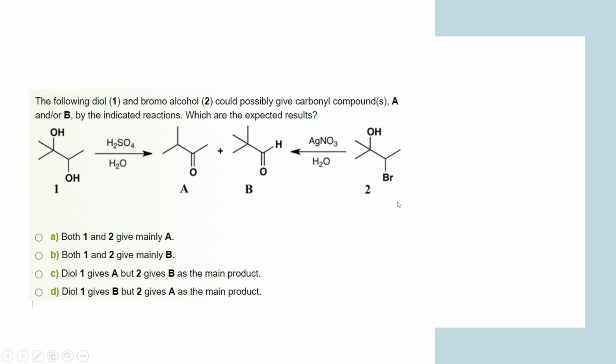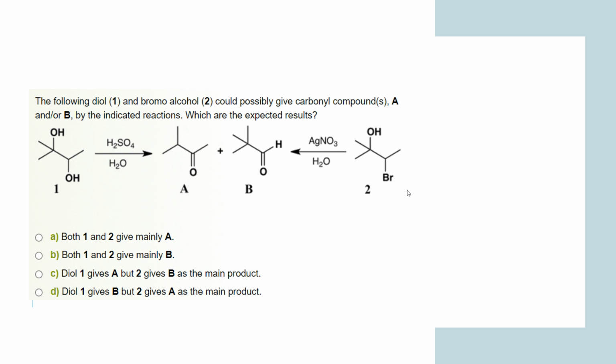Always remember, silver has a very high affinity to react with halogens, and most commonly bromine. Silver has a very high affinity for bromine, and it can easily form silver bromide salts.